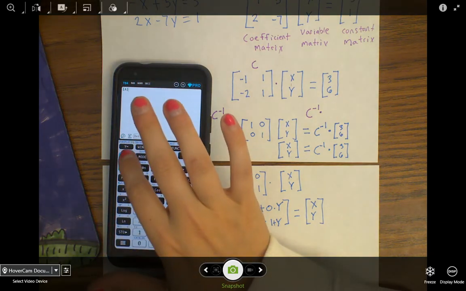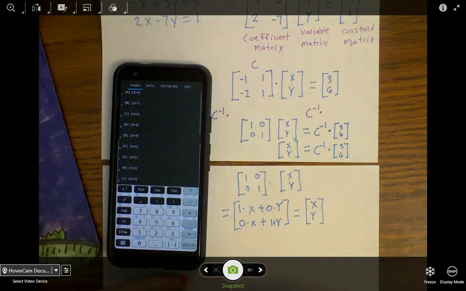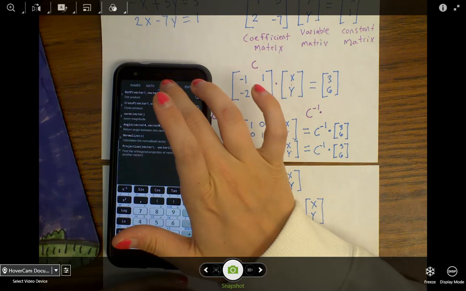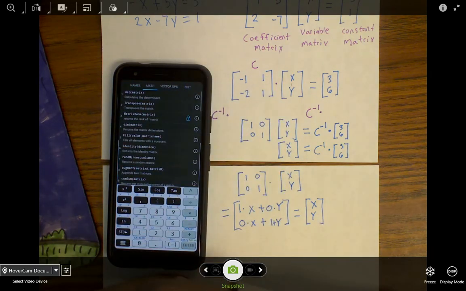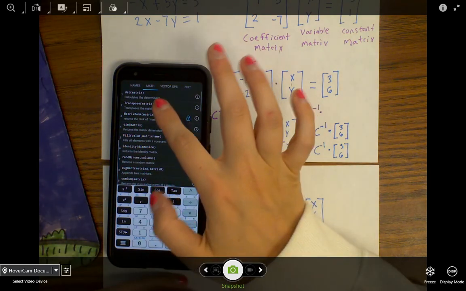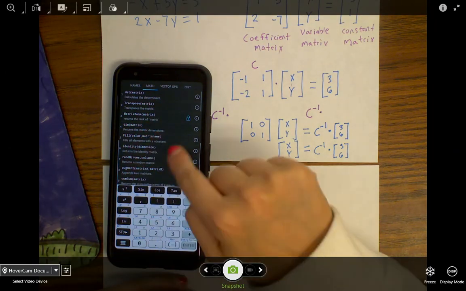So then again, going back to that matrix menu, we want to go to our operations, which is going to be under our math. And notice that there's lots of operations. We have the determinant, which remember we talked about just a minute ago.